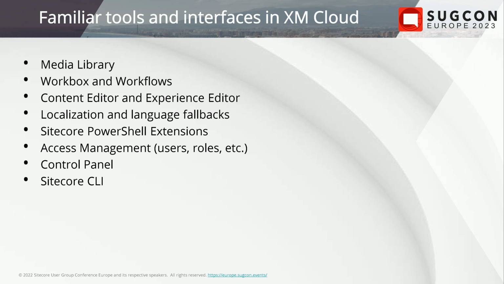Sitecore PowerShell extension is a big thing, and it comes to XM Cloud. However, you need to enable it. Access management tools like users, roles, domains, they are still part of an interface, but you need to implement things like that yourself. Control panel is also coming to XM Cloud, and Sitecore CLI is also with us, which became a much bigger tool than it was before.